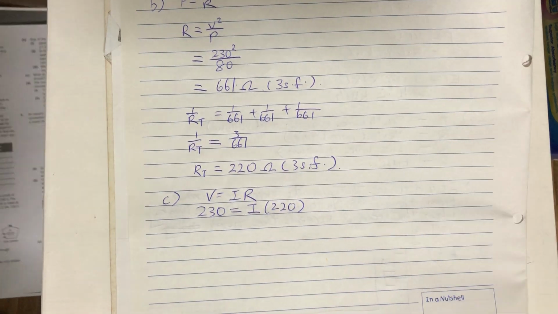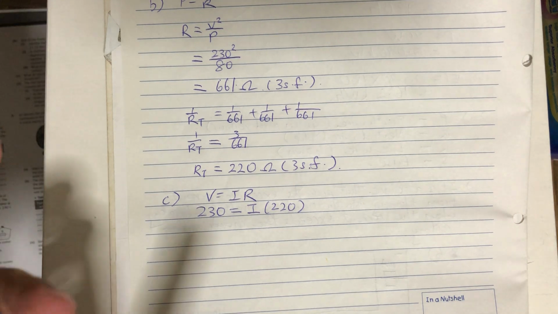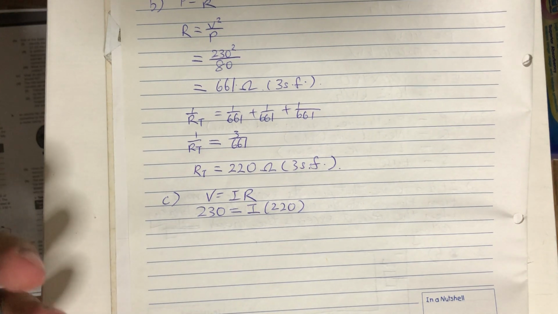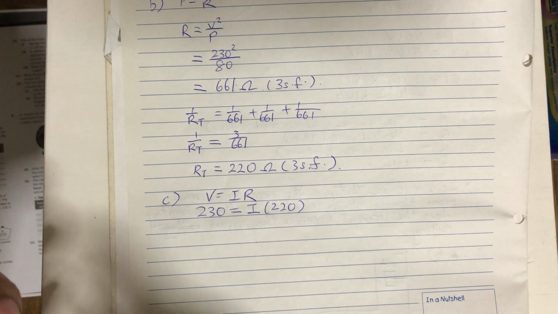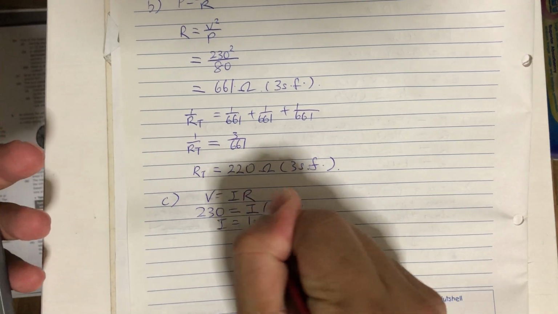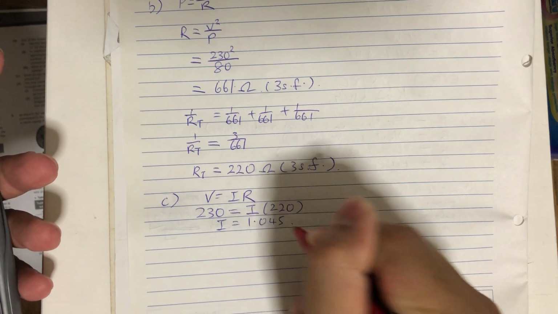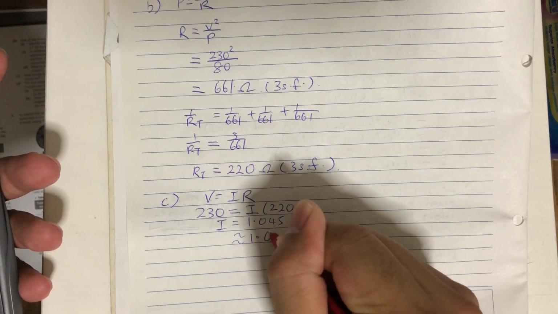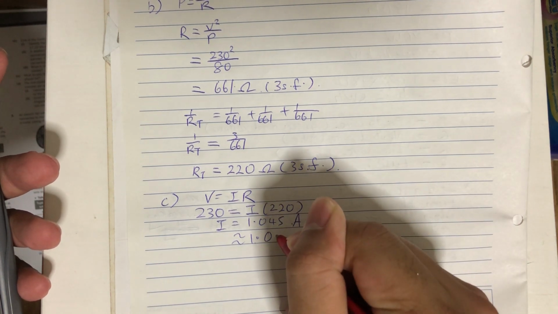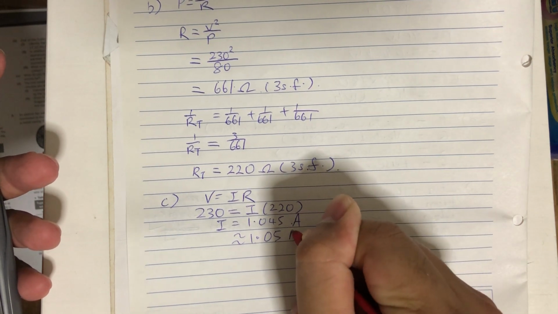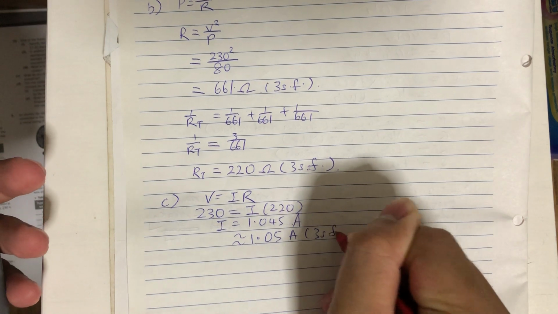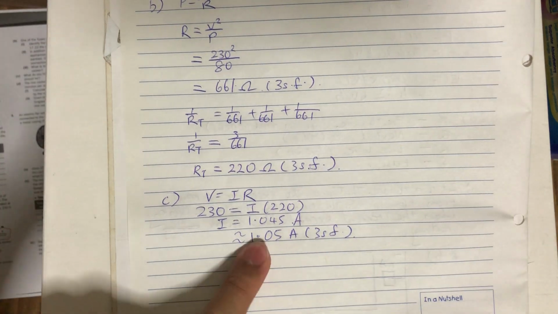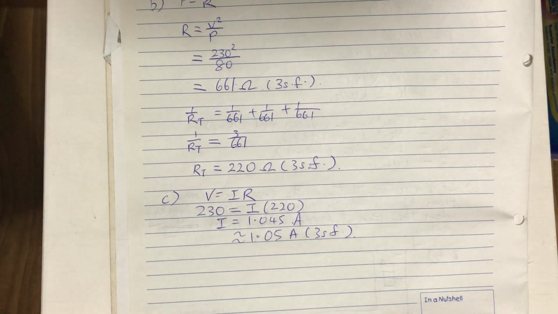The total resistance is 220. If you do it correctly, you should get I equals 1.045 amperes, which rounds off to 1.05 amperes to 3SF.